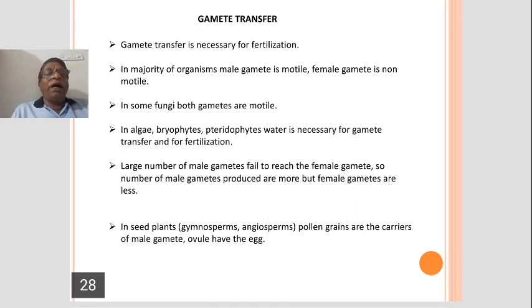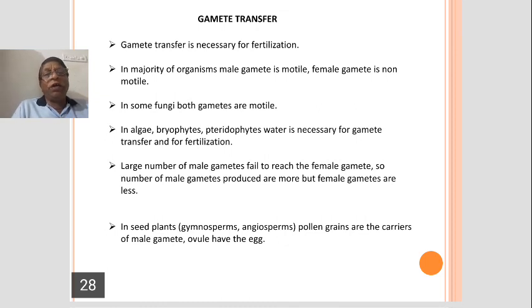In bryophytes, pteridophytes, and in algae, water is essential medium for the transfer of male gamete. Okay, a very important point for NEET or CET examination.